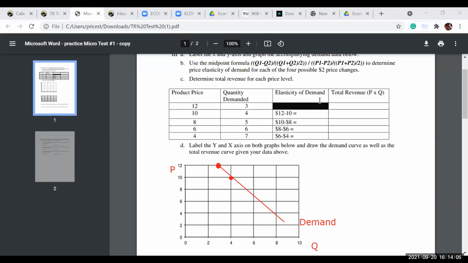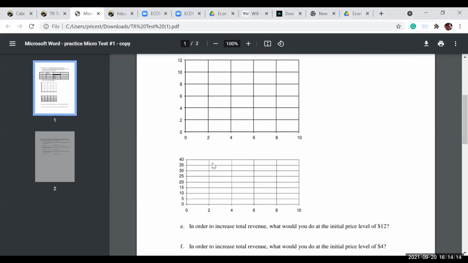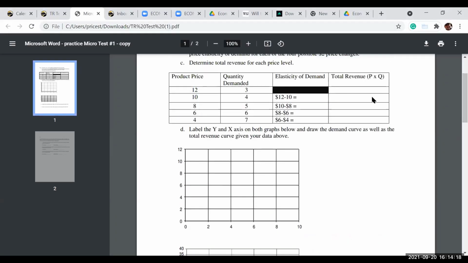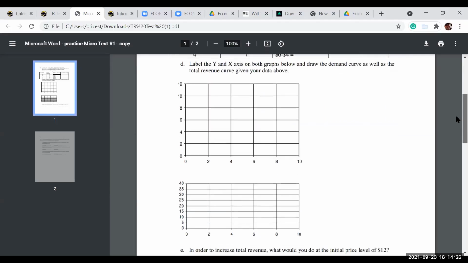The next thing, so stop what you're doing there just so I can finish my instructions here. Draw a graph right below that that shows the corresponding revenue. So for these same prices and quantities here, you should have total revenues that we calculated earlier. So at 3, remember we had a total revenue of 36.